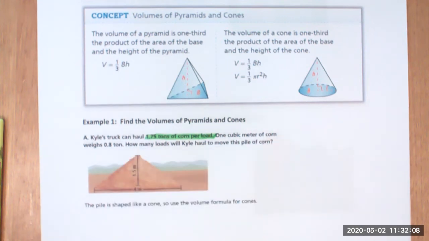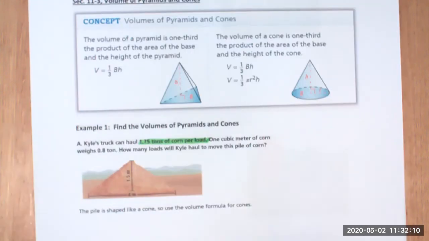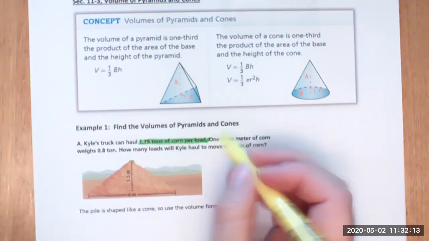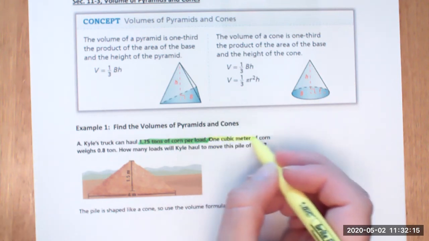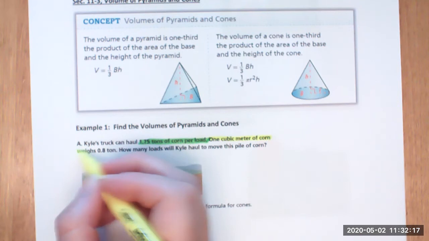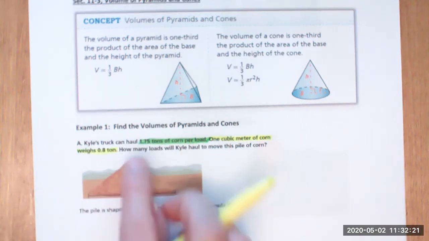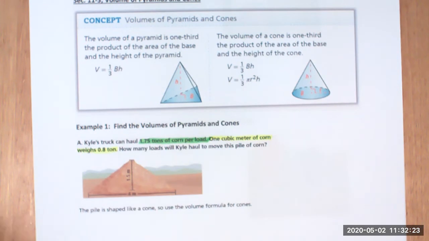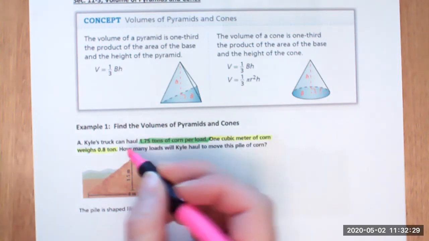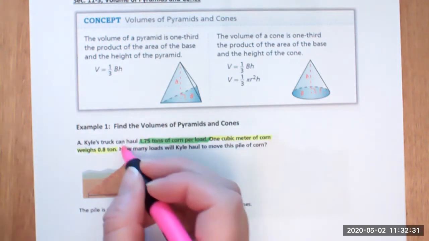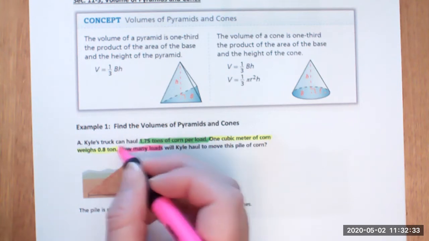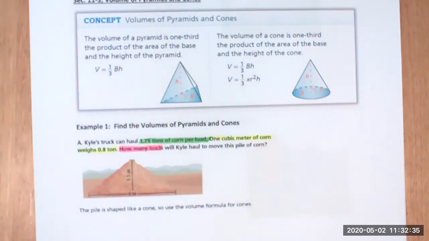So now we have another unit of measurement, a cubic meter, which is a measure of volume, and we're being told what it weighs. Finally, the question at hand is how many loads will Kyle haul to move this pile of corn?